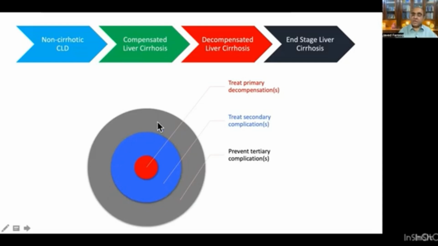So when a patient comes to us with an acute event, it may be ascites, it may be a variceal bleed, it may be encephalopathy, or it may be acute-on-chronic liver failure. The management policy should be to treat the primary decompensation, treat the secondary decompensation, and prevent the tertiary complications.